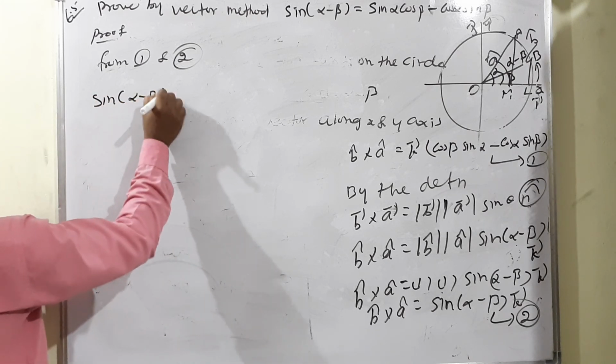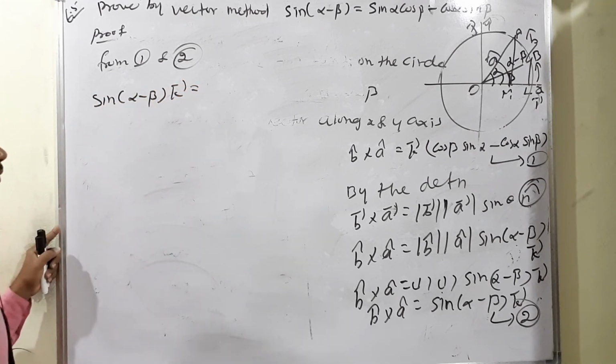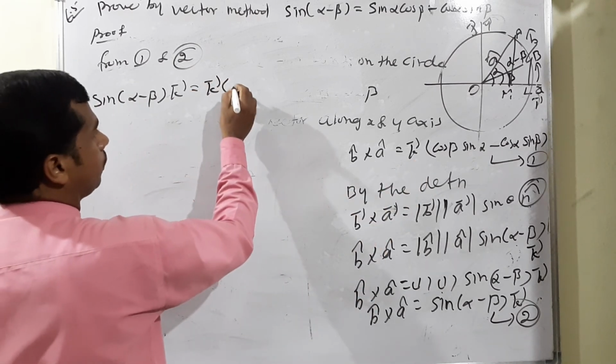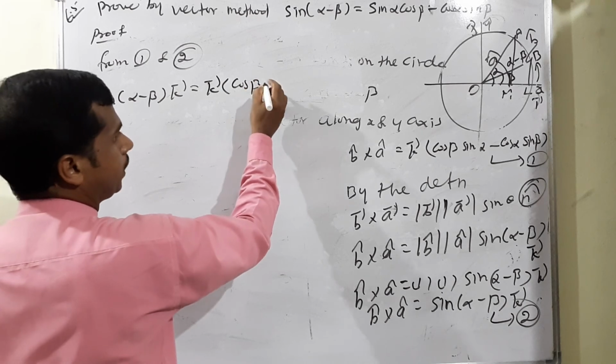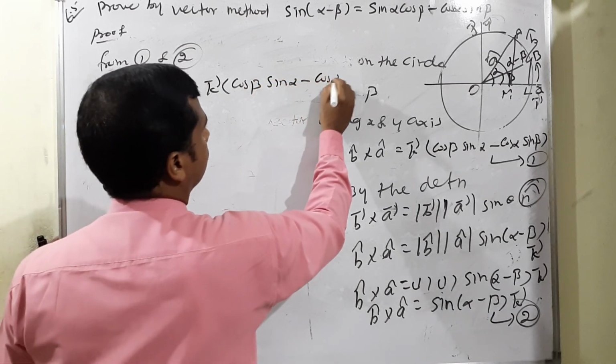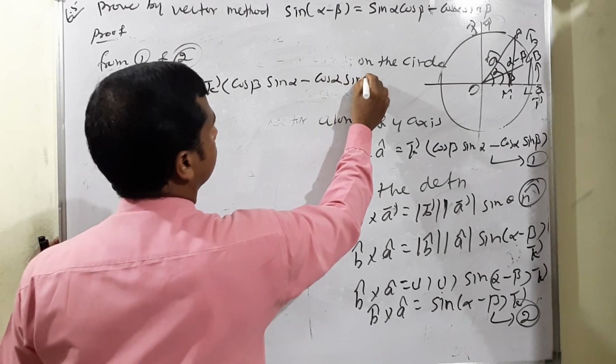Sine alpha minus beta into k vector is equal to, from the first equation, k vector into cos beta into sine alpha minus cos alpha into sine beta.